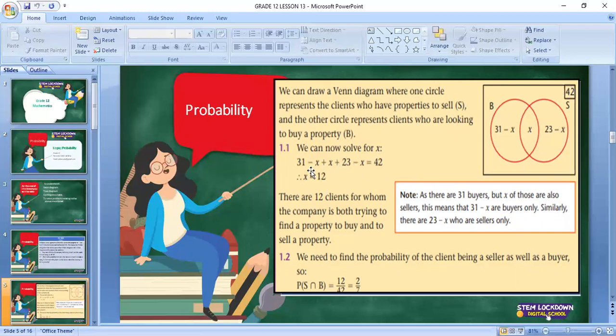When we simplify this, we have 31 plus 23, then we move the X over to become positive, and move the 42. Here we have 54, and 54 minus 42 gives us 12. So our X value equals 12. That means 12 are the group of people who are buying and selling at the same time. That answers the first question.